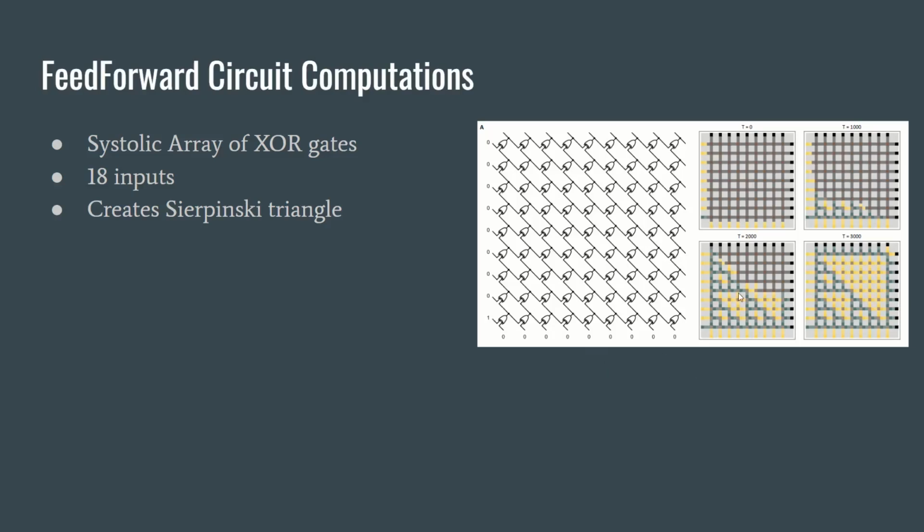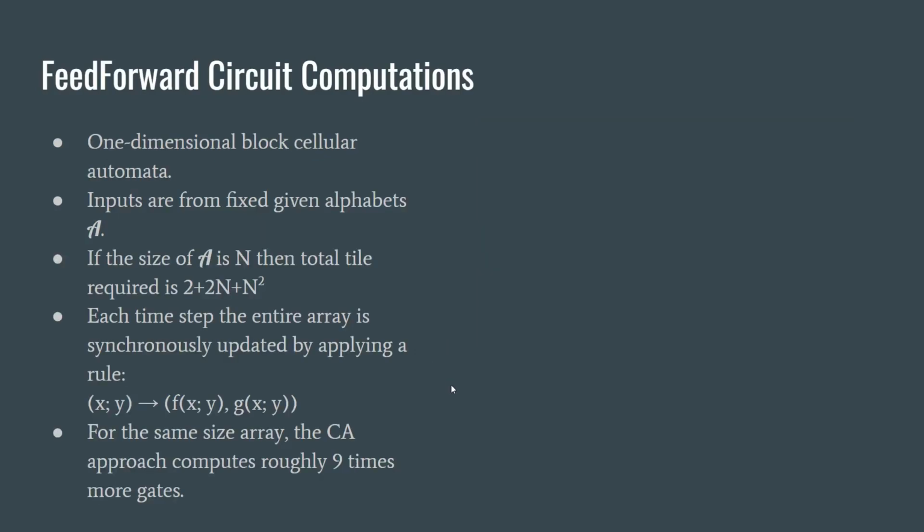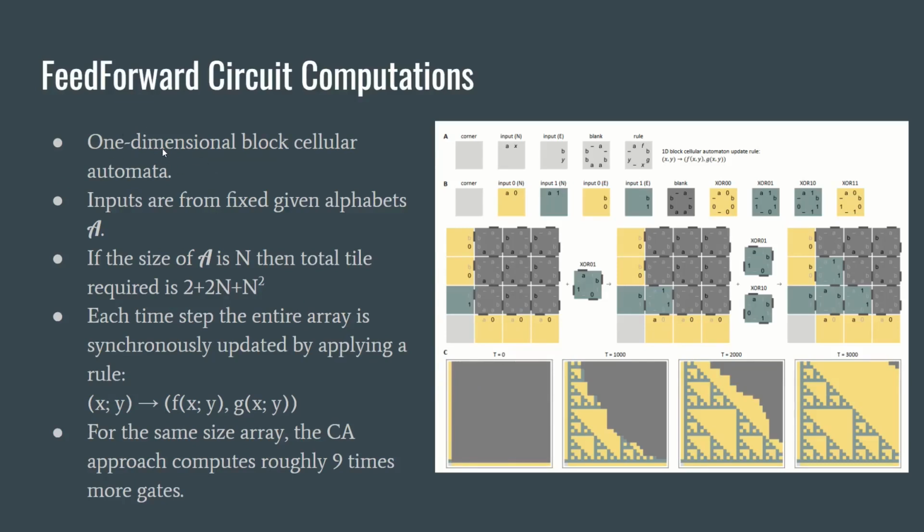So what if we try to simulate this same thing in the cellular automation? Here you can see that this same thing has been done with the cellular automation. This automaton is called a one-dimensional block cellular automaton, and the inputs are from a fixed given alphabet A. If the size of A is n, then we will need a total of 2 plus 2n plus n squared tiles.